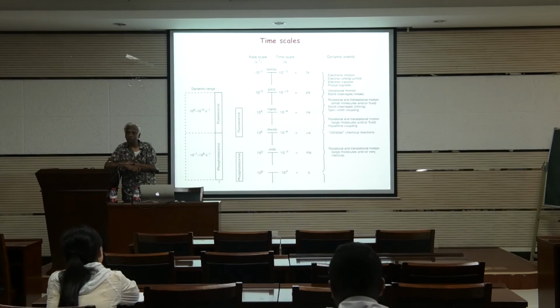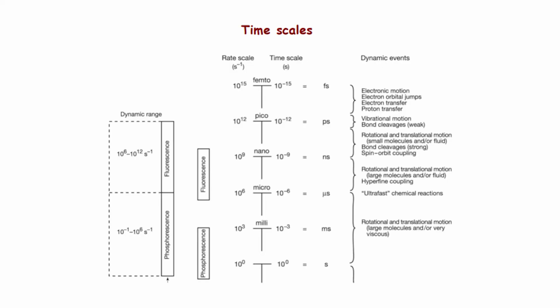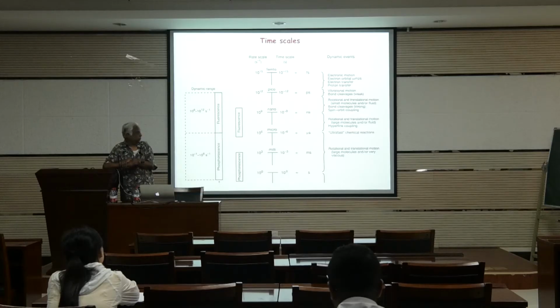For electrons to move from one orbital to another orbital, it takes only 10 to the minus 15 seconds. For the nuclei to change their positions from A to B, it takes about 10 to the minus 4 seconds. For electrons to change from one spin to another spin, it will take around 10 to the minus 6 seconds. So these time scales are very critical.